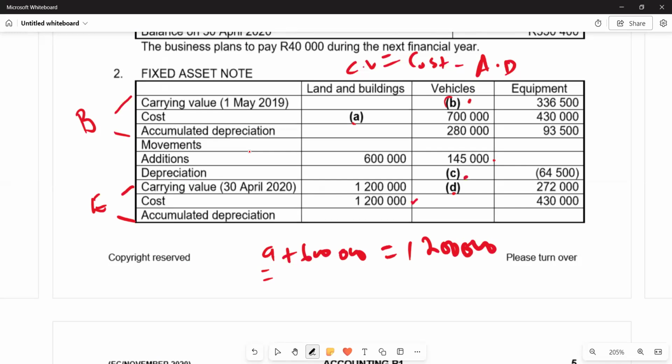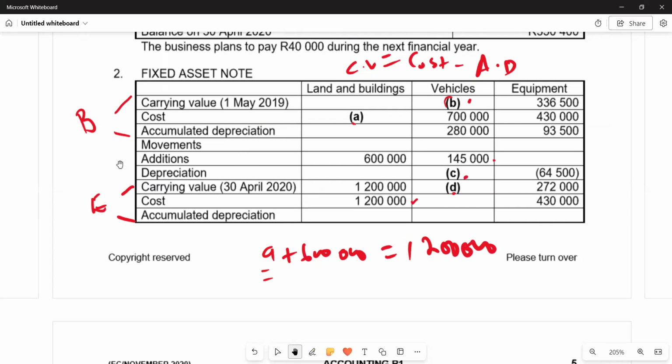Then we get our carrying value at the end. So basically, we got 420,000 as our carrying value at the beginning of vehicles, 420,000, 145,000, less depreciation for the year, which is the one that we calculated, 105,750.